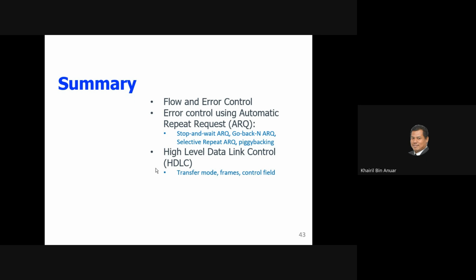And then we have also seen HDLC, high-level data link control, the frame itself. How do you manage it? How is the information inserted into the HDLC frame, and what are the modes used to control the HDLC itself? So with that, I think that's the last slide.